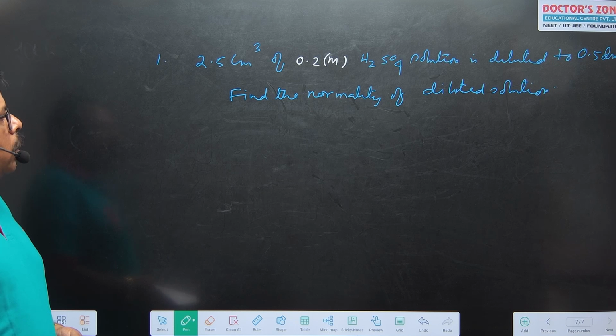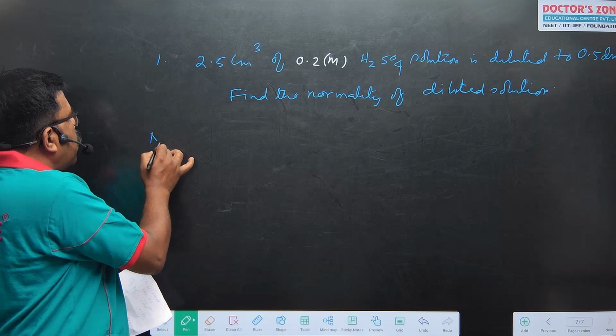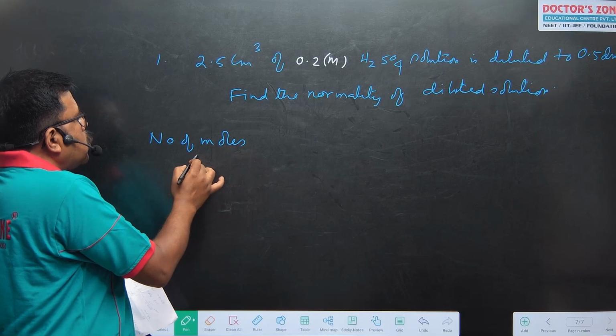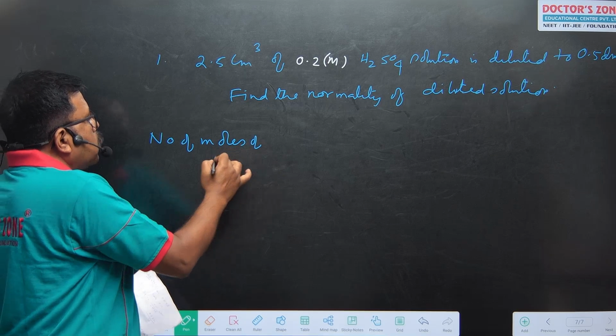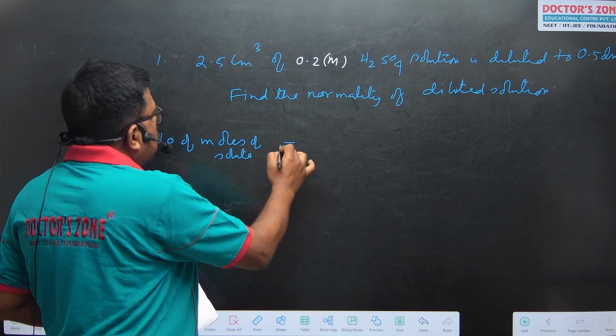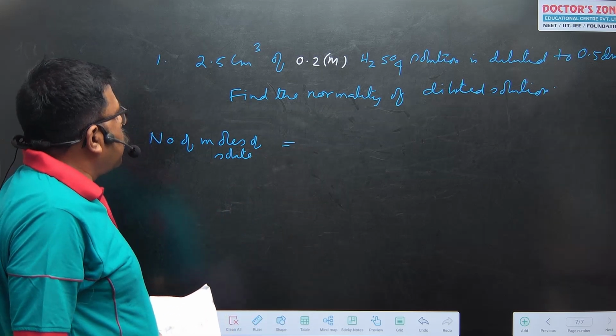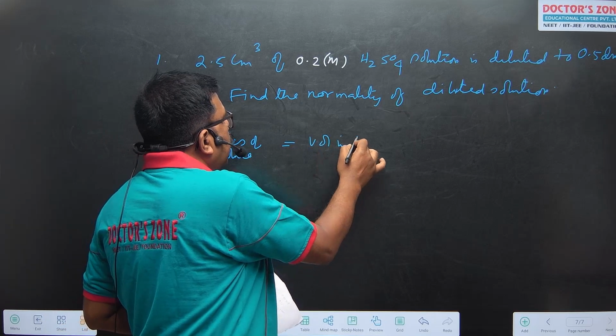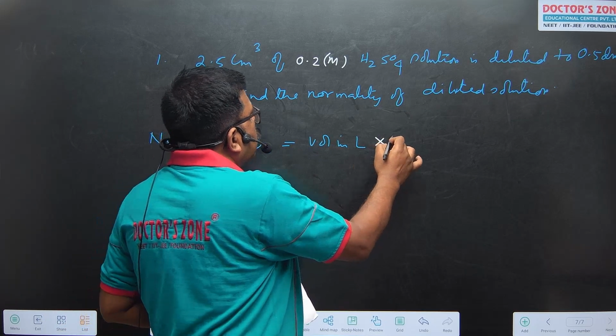So, how can you do this one? First, I think you should be aware of the relation of molarity: number of moles of solute in solution is volume in liter into molarity.